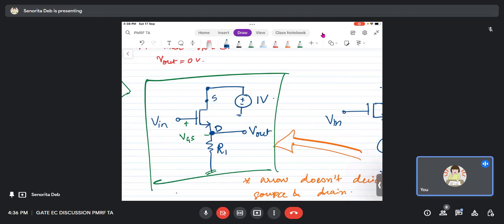And why is that happening? You can take a V out value that is higher for a higher V in, and again and again you will see that you arrive at a point where it cannot go more than 1 volt.